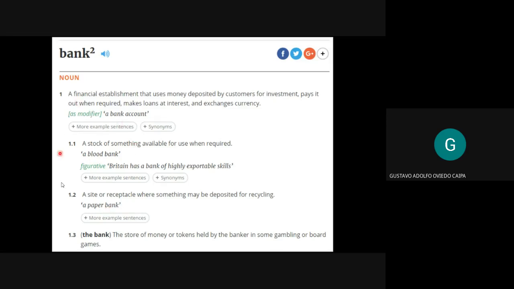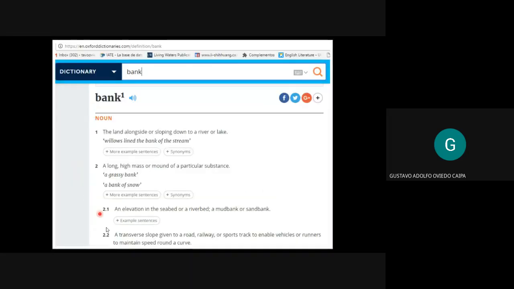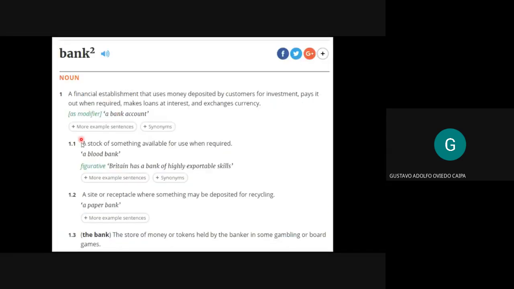The senses of this bank are not so much related to the senses of bank which have more to do with earth formations and rivers, and this one has more to do with financial entities or an entity that has an amount of something. So because these two senses are so different, the dictionary separates the entries into bank 1 and bank 2. That means two different lexemes with different unrelated senses.